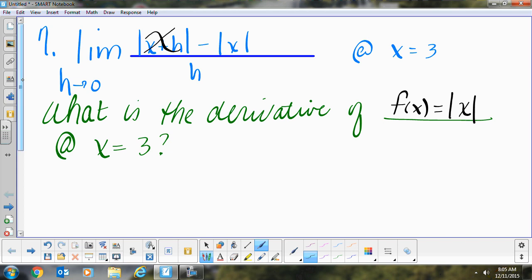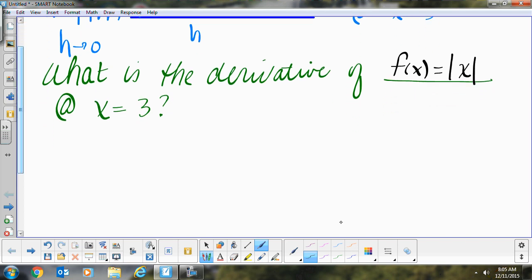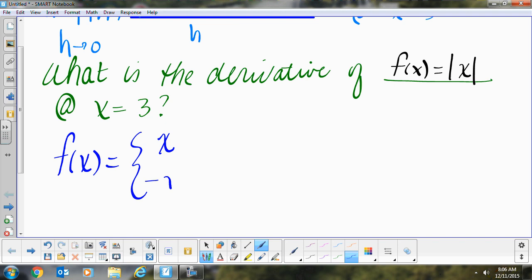In order to find the derivative, and I did teach you, you had a worksheet on this. Not very many problems, but you did have one. We have to change this into a piecewise function, where we have the function as it appears and the opposite. We take whatever's inside and set it equal to 0, so my restrictions are going to be at 0.